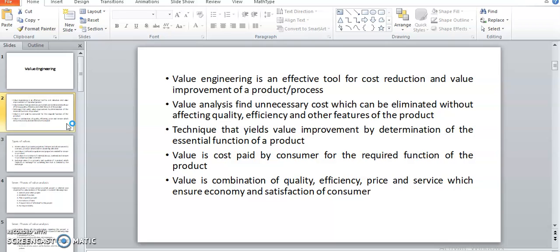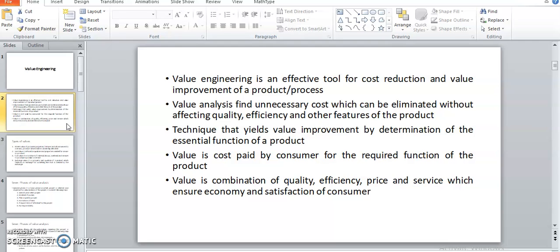It is a technique to improve the value of the product by determining its essential functions.